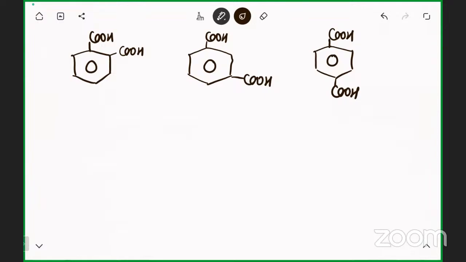So this can be correct. 1,2 di, what we say for carboxylic acid when it comes as a side chain? Carboxy. So it can be 1,2 dicarboxy benzene, and it will be 1,3, it will be 1,4. But instead of that, you will remember the common name.